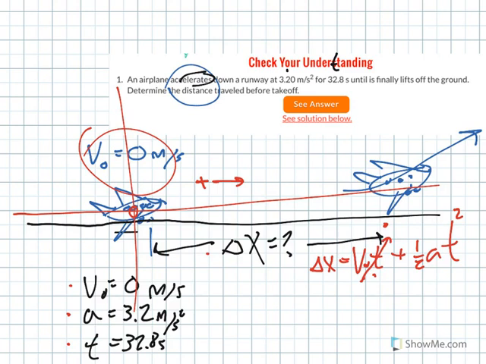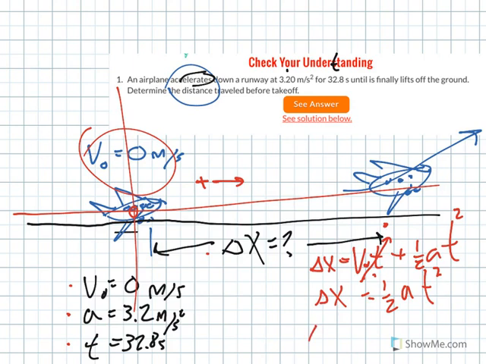Now the equation becomes a little simpler: delta x is 1/2 a t squared. That's not to say this is simple. It's complicated. But if you practice and practice, it will start to become simple. Now this is straightforward. We don't have to rearrange anything. Just put in the values for a and t and do the math.